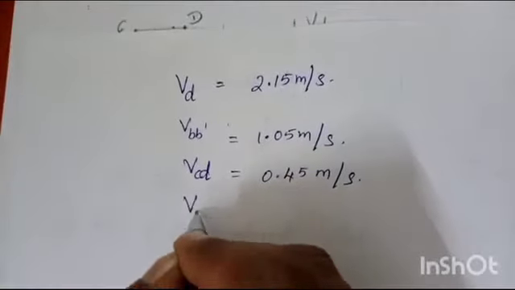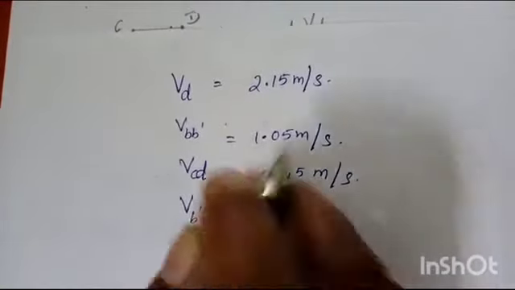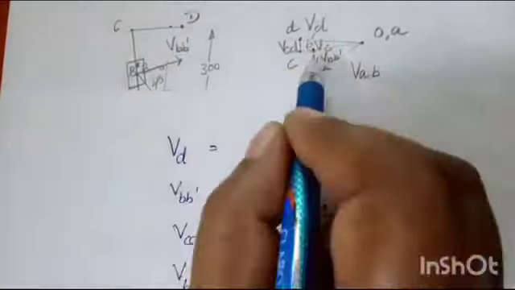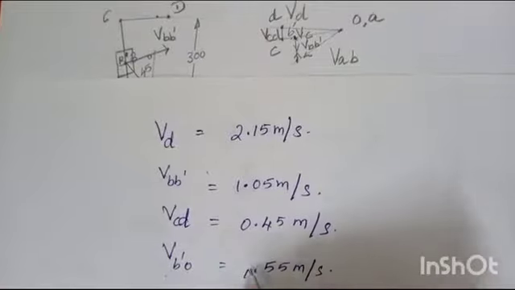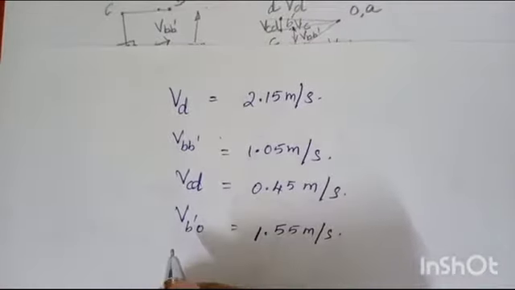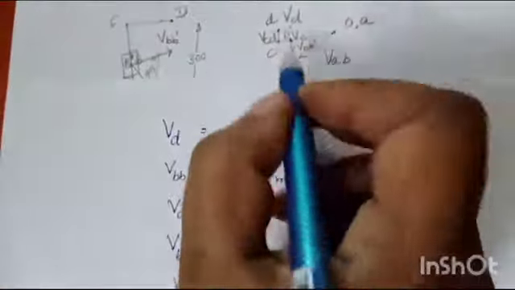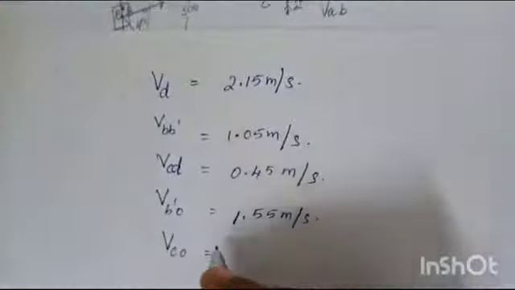Then velocity of B dash O, that means the coincident point. This is your coincident point with respect to the O point. It is 1.55 meter per second. And VCO, so VCO means this overall length, is 2.15 meter per second.